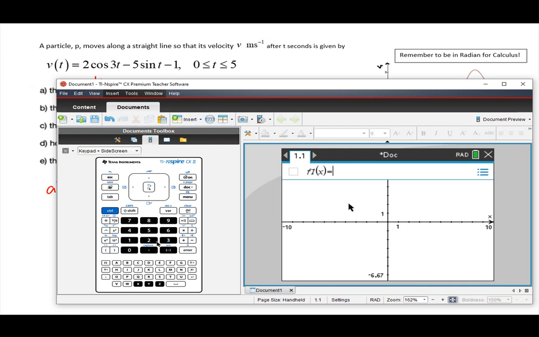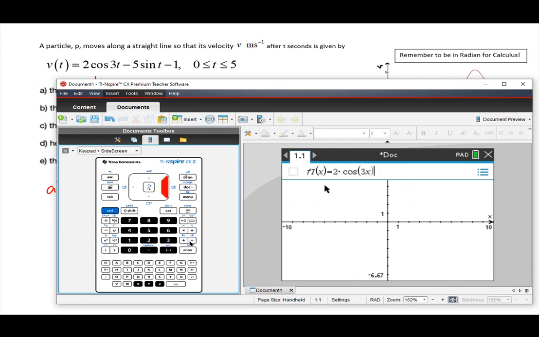So we have 2 times cosine 3x, and then, making sure you're out of the angle spot, minus 5 times sine x, get out of the angle spot, and then minus 1.